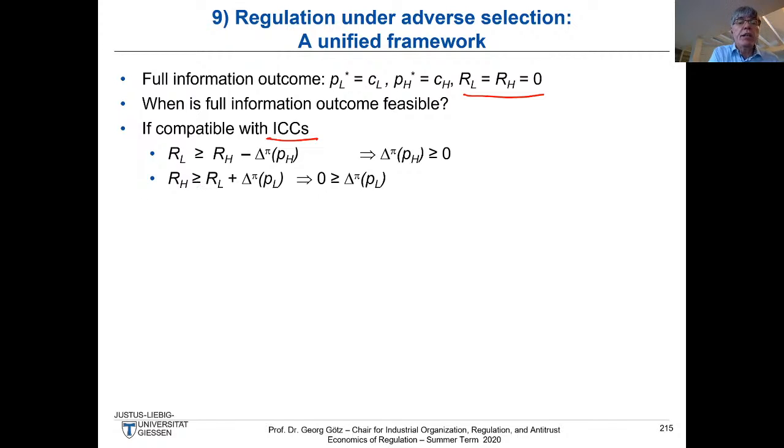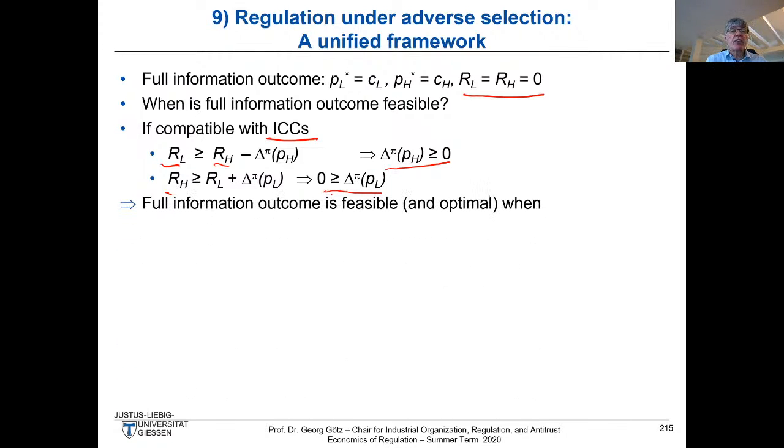And that simply means, given that we require that RL and RH are 0, we immediately get a condition on the profit differences, namely that the profit difference for pH must be positive and the profit difference at the price PL must be negative.